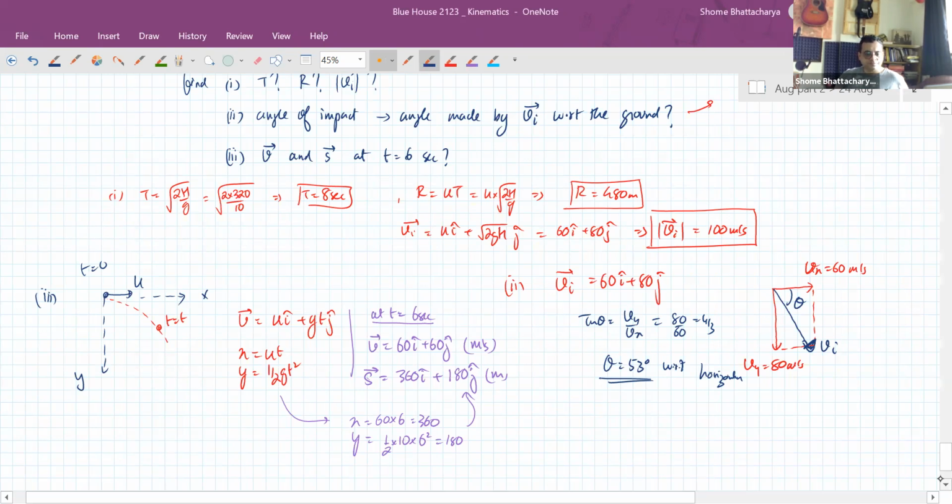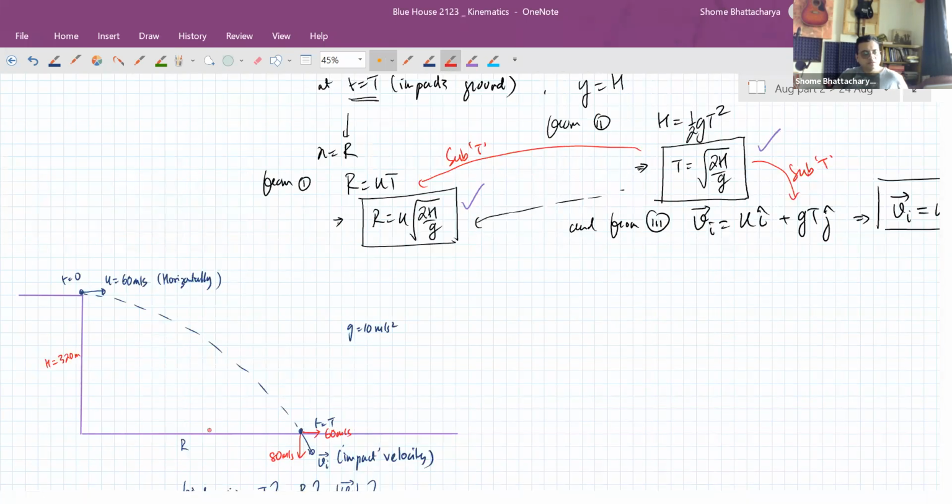Okay, so I hope this question is clear. Going back to the original diagram, you'll see that this distance comes out to be 480 meters at which it lands. Impact velocity I have already shown you in the diagram, and this time works out to be 8 seconds. Whereas you realize that at t equal to 6 seconds, it is probably somewhere here.